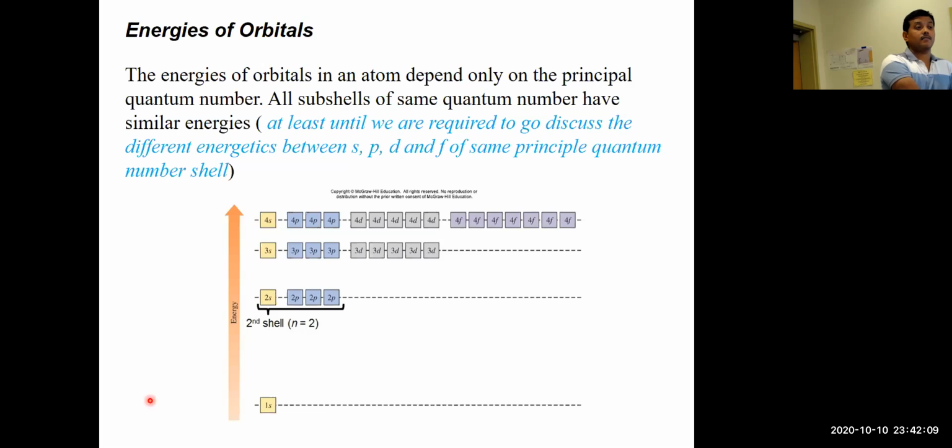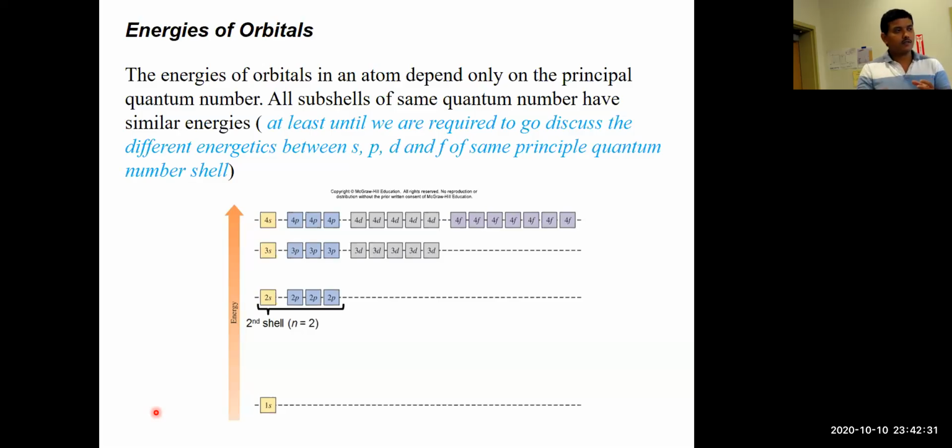That's how we use them. What I'm saying here is, if you already have electrons in one particular shell, we assume that they all have a similar amount of energy. In future, in chapter 6 or 7, or maybe further down the road, I would say that S and P have different energies, but it's a different story.